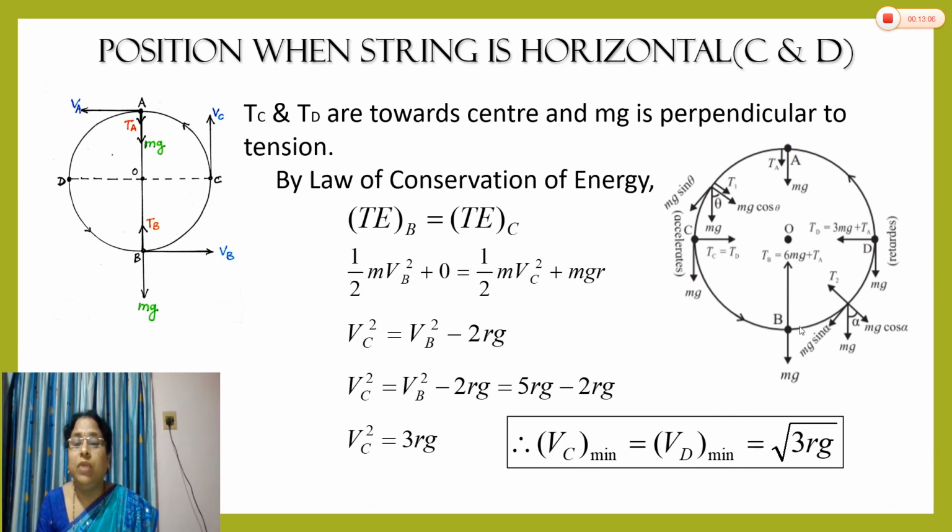And we can say the speed is not constant, and that's why this vertical circular motion is non-uniform circular motion, as there is different speed at different points. At point A, the speed is minimum, and at point B, the speed is maximum.